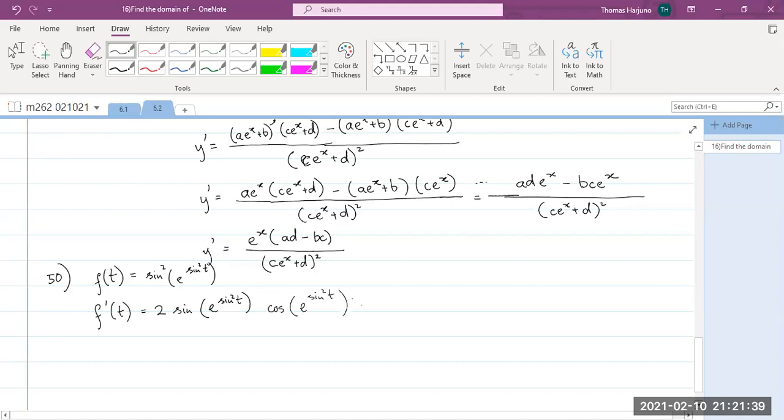And then you need to still multiply by the derivative of blah. Let me do it this way first. Sine squared u. If y is sine squared u, the derivative will be 2 sine u cosine u times u prime. Is it right?